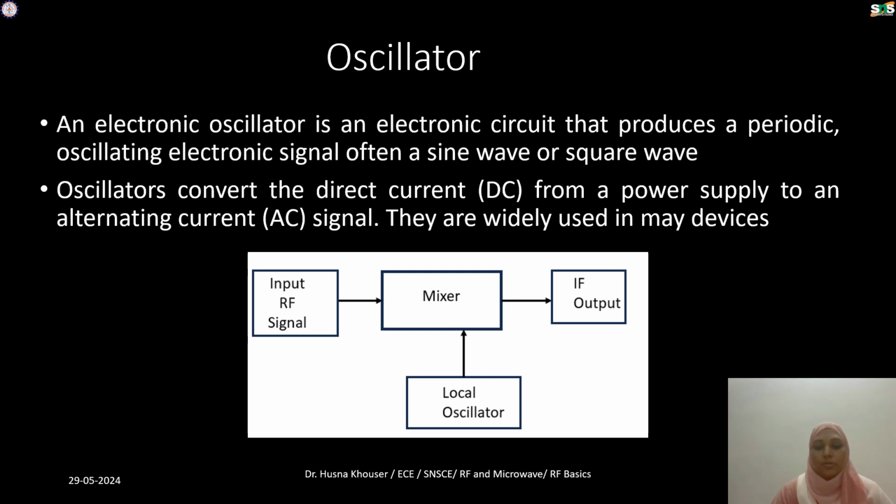So what is the purpose of using the local oscillator? We have already seen the mixer block, where we need the local oscillator to generate the high frequency. This high frequency is generated by using the cosine of 2 pi f naught t.